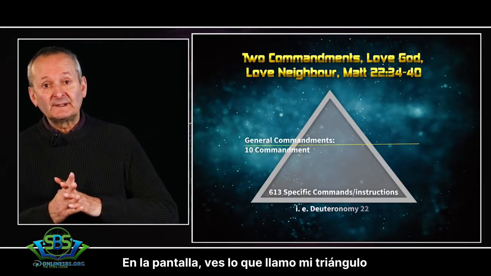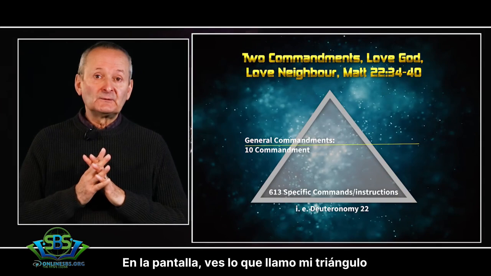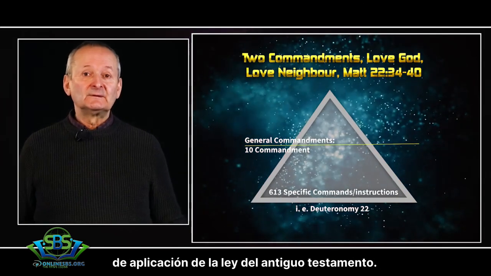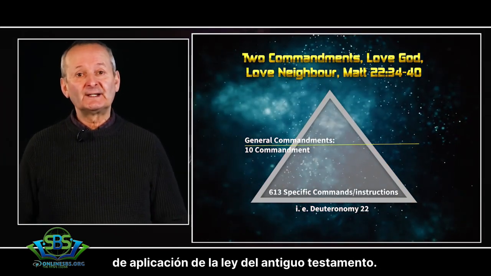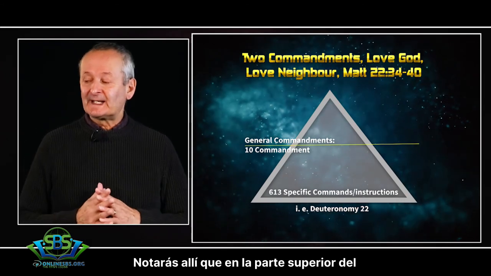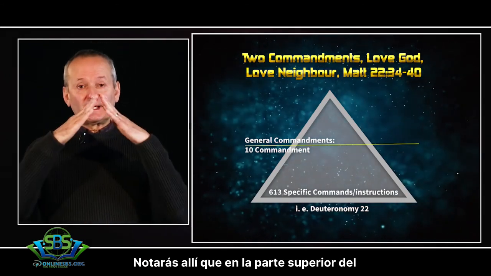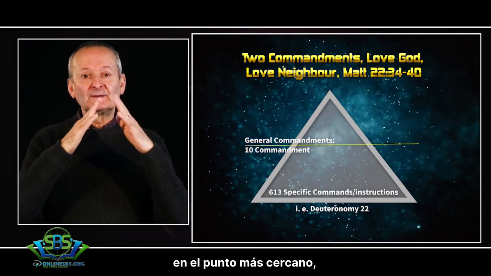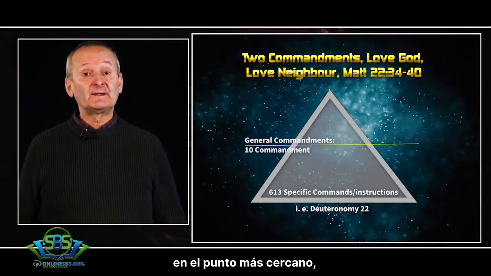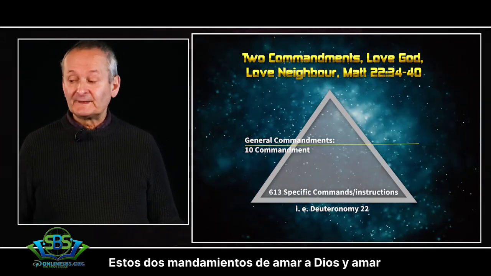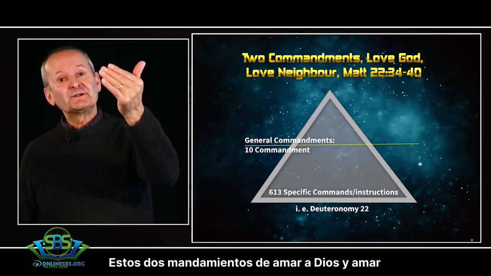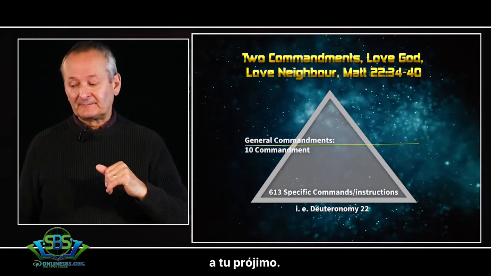Now, on the screen there you see what I call my Old Testament law application triangle. You'll notice there that at the top of the triangle, at the point where they're closest together, we have Matthew 22, these two commandments of loving God and loving your neighbour.